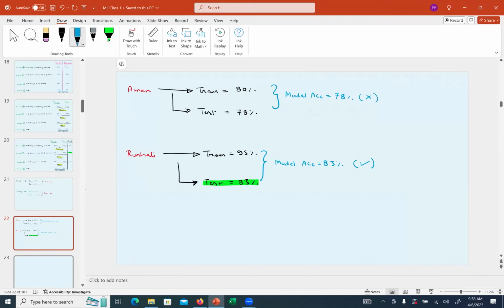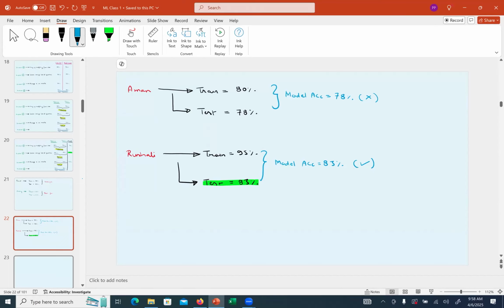So I will still choose Rushali's model. Although, if someone asks me whether this model can be improved further, I believe yes, there is scope of improvement in Rushali's case. So we can try to improve it further.